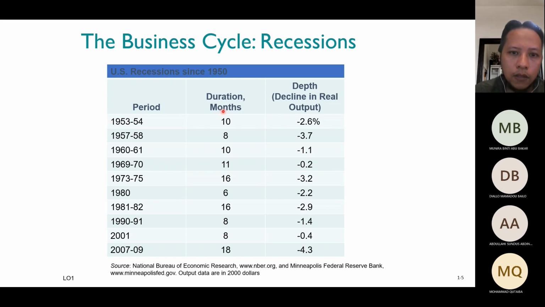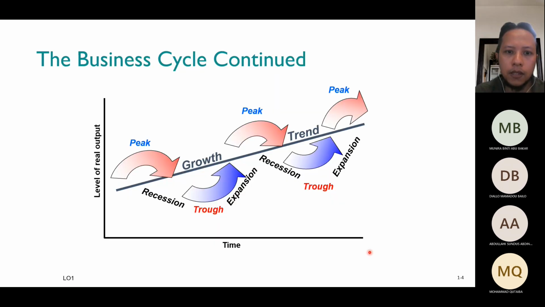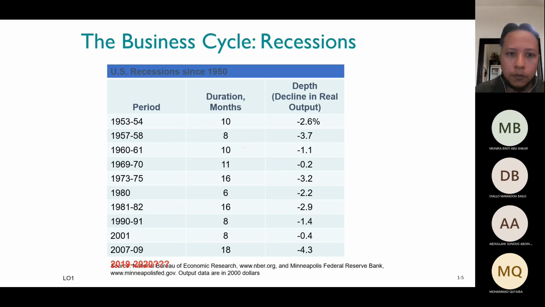However, you have different durations of the recession. The duration basically represents how long you are stuck in the recession period, so how long you are going down. At different periods, you have different recessions.